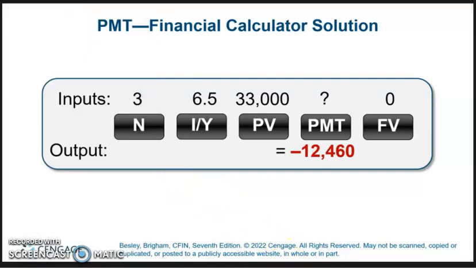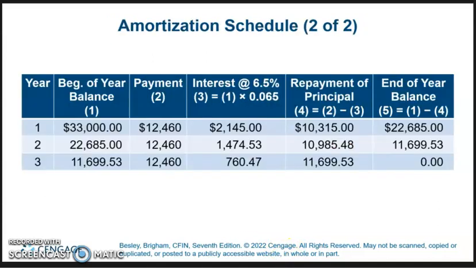So the amortization schedule for this loan looks like this. We start out with a balance of $33,000. Our interest in this case is just 6.5%, so this would be the 33,000 times 0.065. That's $2,145, so that's your interest portion.